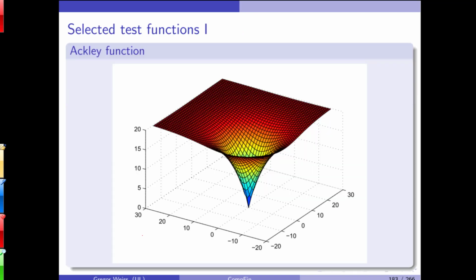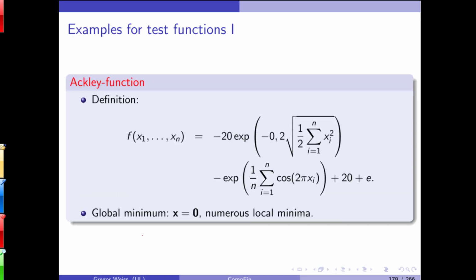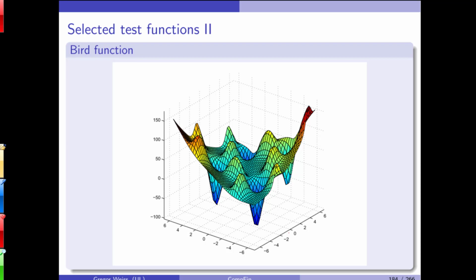And this is the Ackley function. As you can see, this looks like a very simple function. Actually, the definition also looks very simple, but you have numerous local minima, and you simply cannot see them. Then the Bird function looks a little bit more unpleasant, as you can already see some of the local minima.